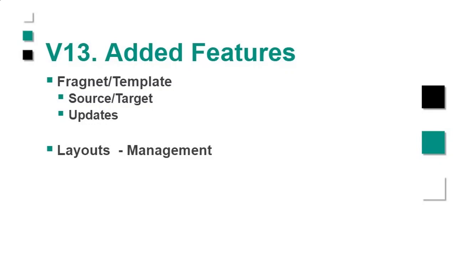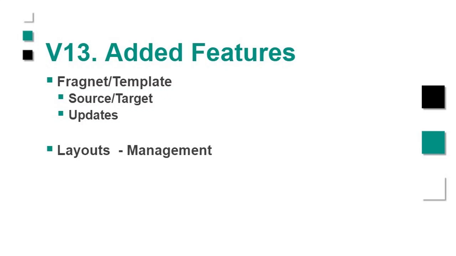So in this version, I've been working with a large oil and gas company doing a major IT project, and we needed a lot of templating, or for us, way too old schedulers, fragnets. So if you use P3, you know what I'm talking about.